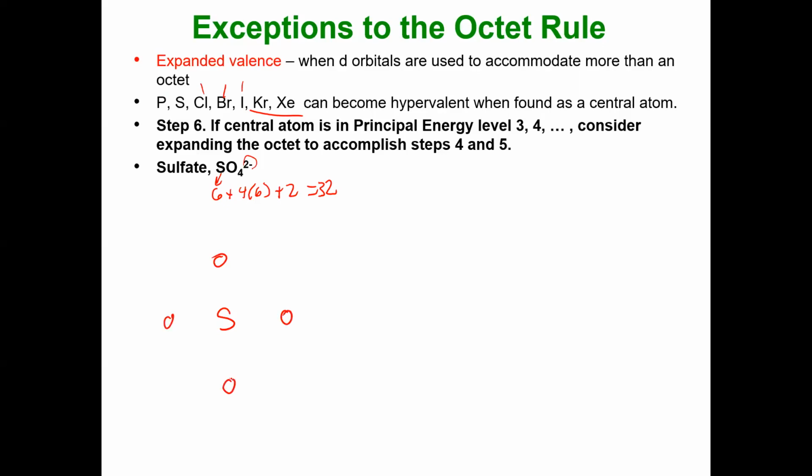First thing you have to do is make sure everything's bound. So 4 bonds, I used 8 electrons. So now I have 24 electrons. I attach them to outer atoms to satisfy octets.